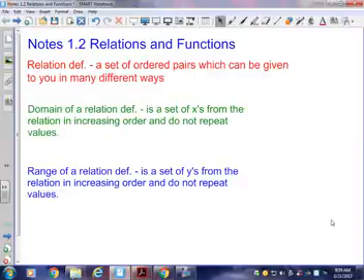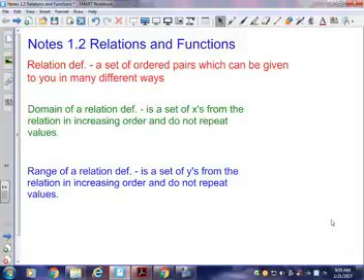Now, it's really easy to remember which one's X and which one's Y. It's alphabetical. The D comes before R, so X must come before Y, makes it domain goes with X. Everything in math's alphabetical. Have y'all ever noticed that? Cosine, sine, cosine is X, sine is Y, C comes before S.